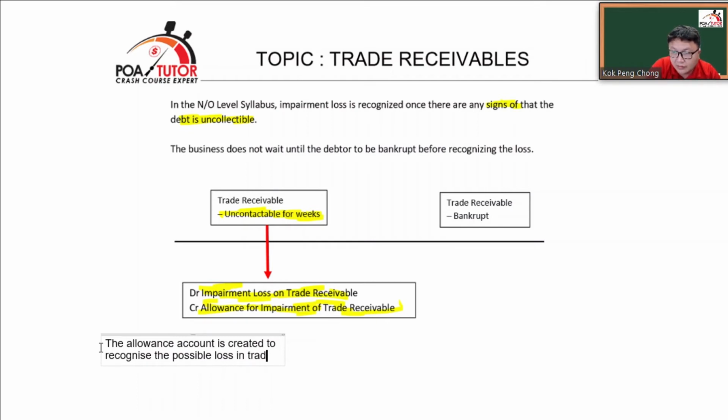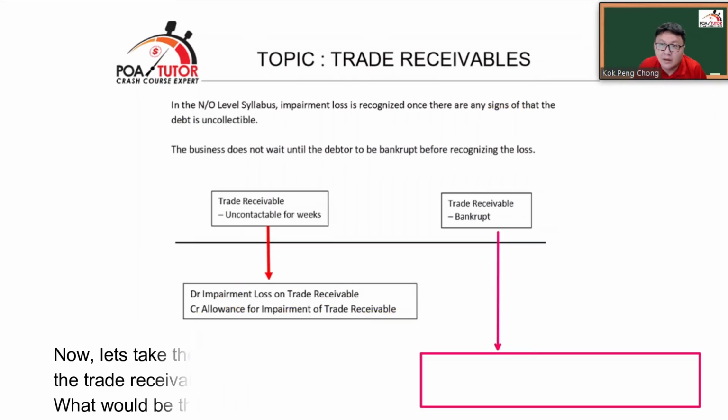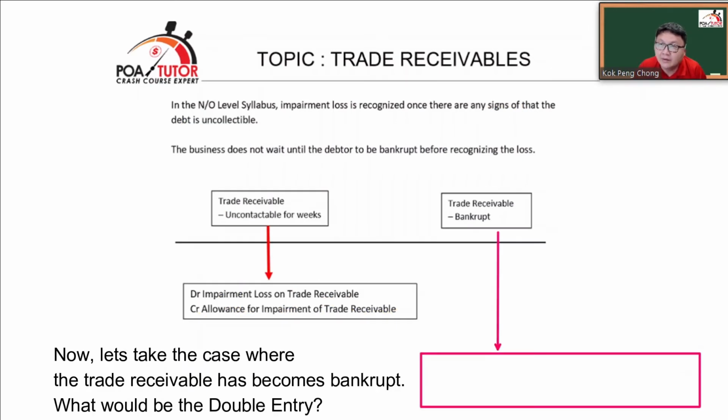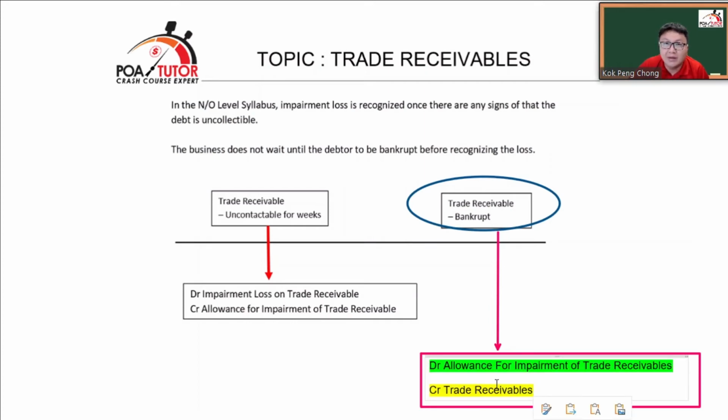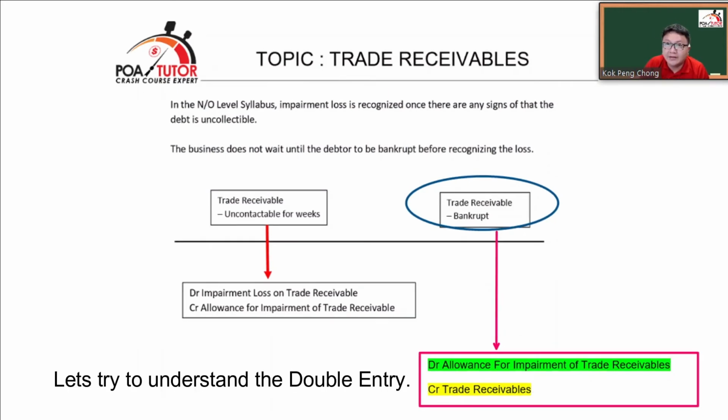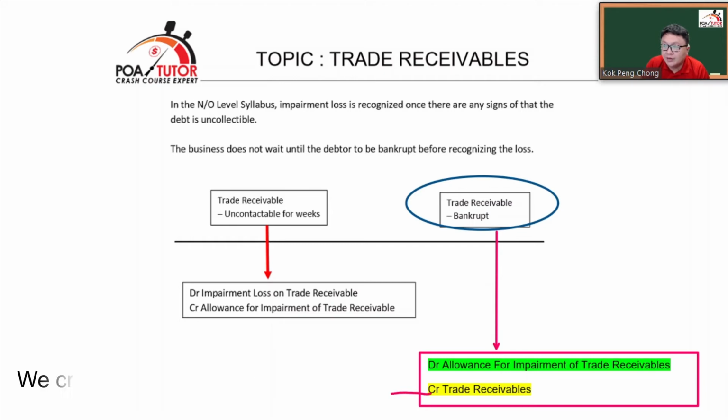Now let's take the case whereby the trade receivable has become bankrupt. What will be the double entry? The double entry will be debit allowance for impairment of trade receivable and credit trade receivable. Let's try to understand the double entry. We credit the trade receivable because the debt is no longer collectible.